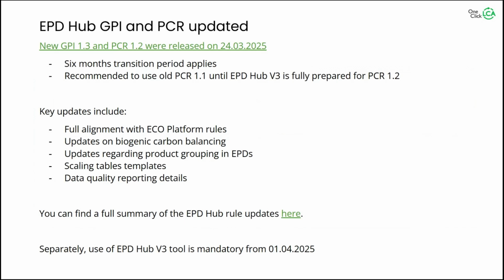And then separately from the GPI and PCR update, the use of EPD Hub v3 tool is now mandatory as of today. So I mentioned already about switching over to tools with 3.10.1. That's not only just to be able to have the latest data and the latest software features and so on. It's also because EPD Hub require now that you use the version 3 tool.